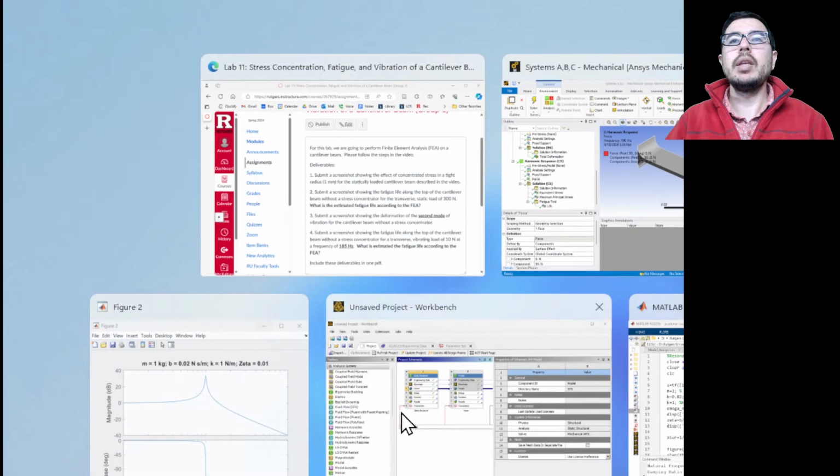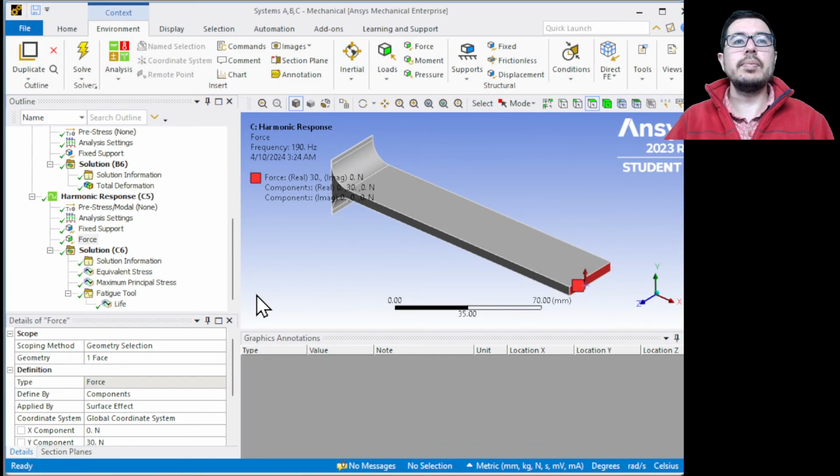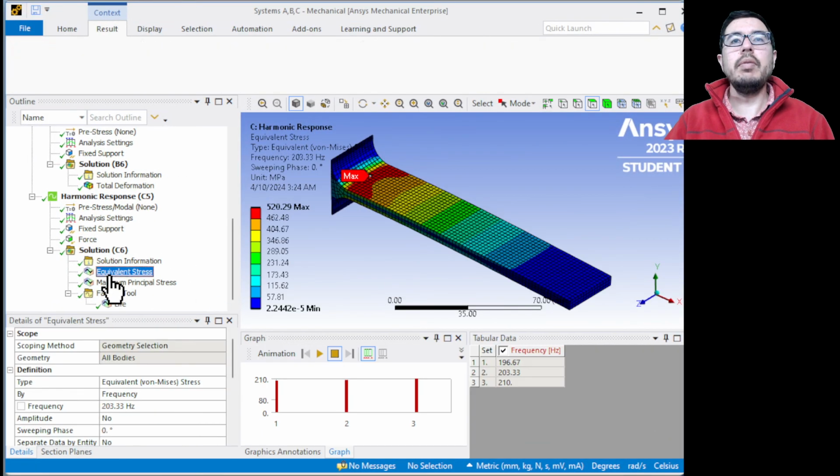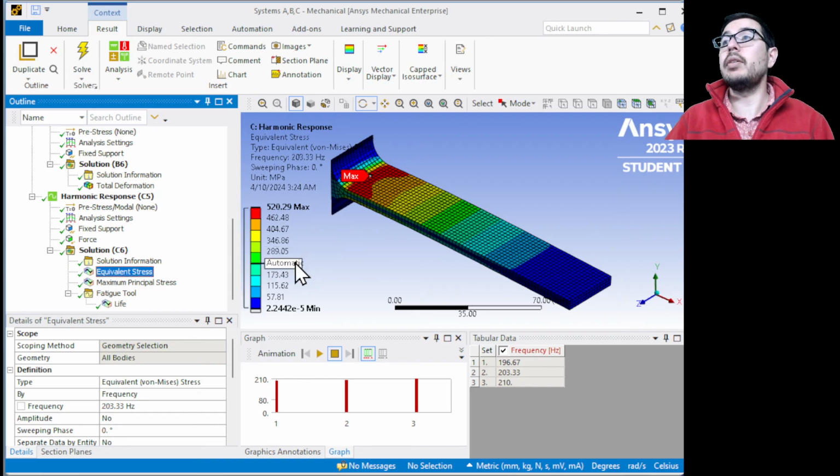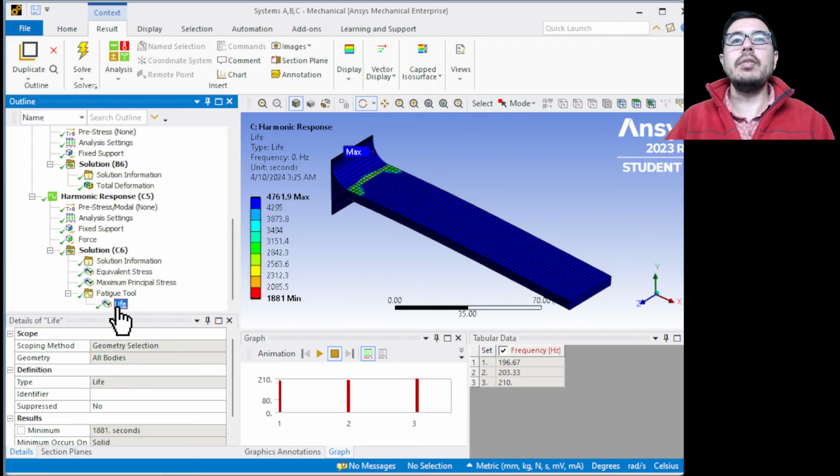So in this case, the equivalent stress is now much higher, at 30, and the life is now significantly less. So we have 1,881 seconds at 210 hertz as a minimum, or 47,000 seconds at 210 hertz.